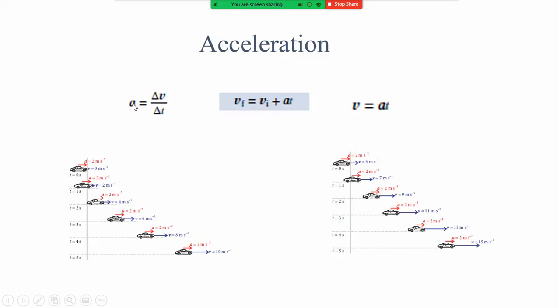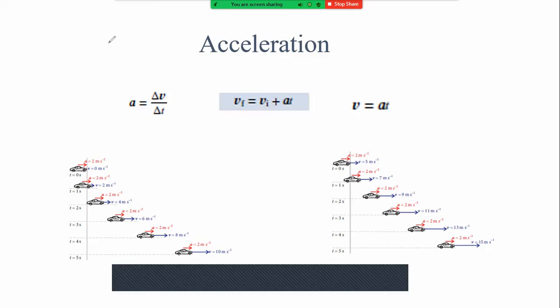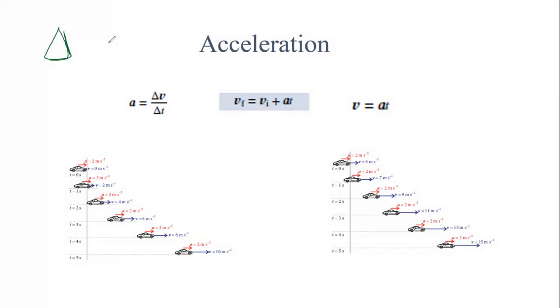So we see right here, acceleration, change in velocity over change in time. This can then be written as, actually here, let me write this out. Delta, that's what that triangle is called. Delta V is the same thing as saying final velocity minus initial velocity.